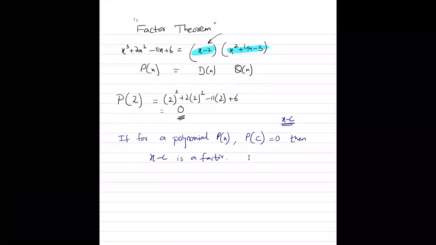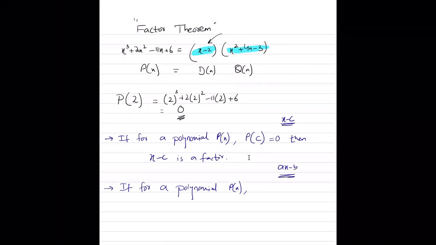Now, if you have a polynomial p of x, and let's say you have a linear factor in the form of ax minus b.